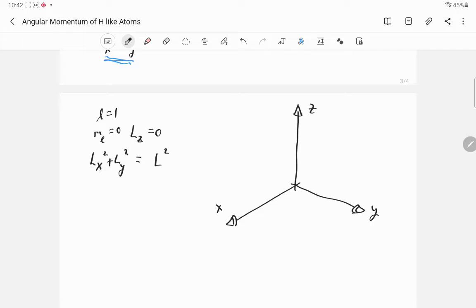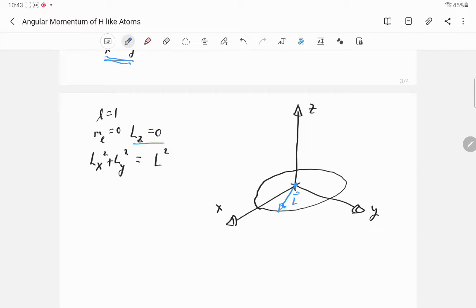But I don't know anything about Lx or Ly. So I'm not sure which way the angular momentum vector points. I just know that it's pointing out somewhere along that circle. So let me show you an example of a possibility. Here is a possible angular momentum vector, but we know its Lz value is 0.